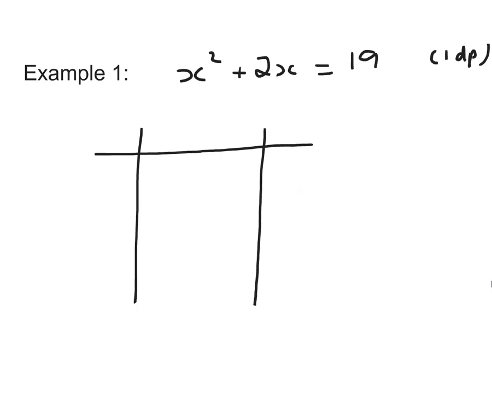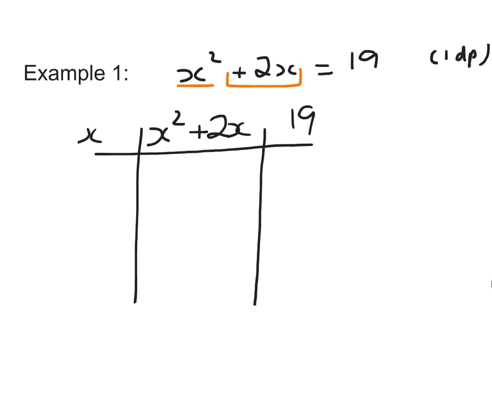This time it's an example, and you can see we've taken it a little bit further. Instead of just having the x squared, we've now added an extra term in. But that shouldn't change us from our table. We just have x, and now in this column we have x squared plus 2x. And we're looking to see if it's 19 or bigger or smaller.